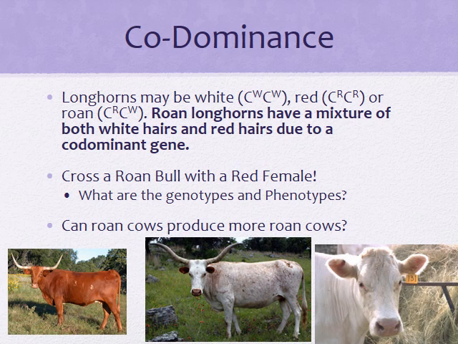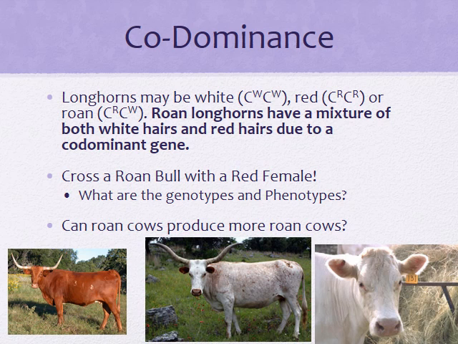So let's go ahead and do another Punnett square here. Let's cross a roan bull with a red female. So go ahead, do that, and get our genotypes and phenotypes for the cross, as well as the percentages. And once you have that taken care of, try and answer the question, can roan cows produce more roan cows?